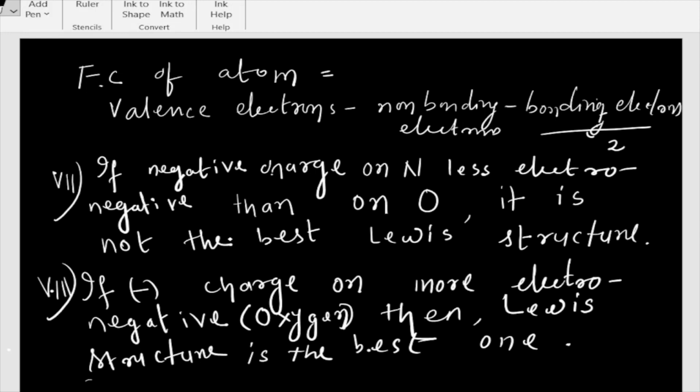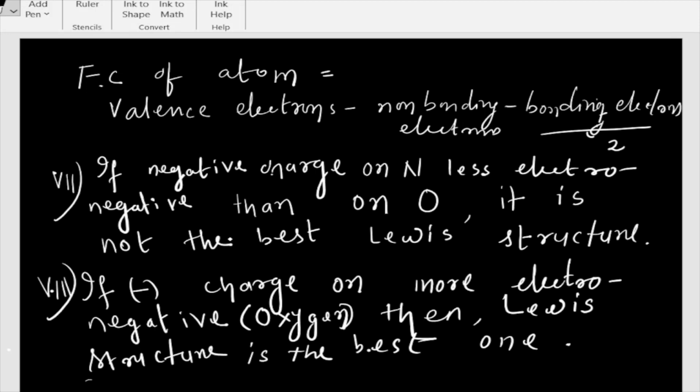Later I will explain by showing the diagram. Bonding electrons are where the bond is shown. One bond means one pair of electrons, that means 2 electrons. If 2 bonds, 4 electrons. 3 bonds, 6 electrons.